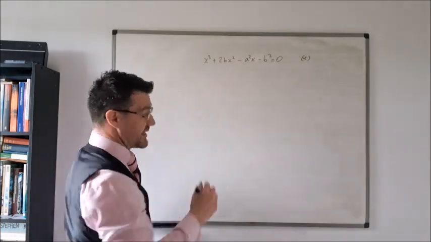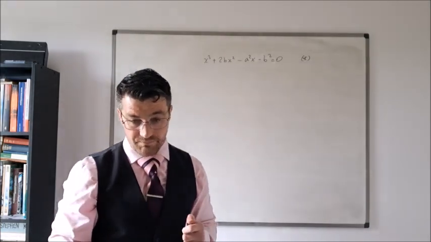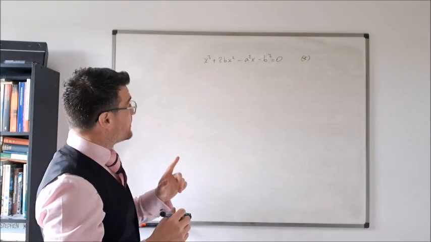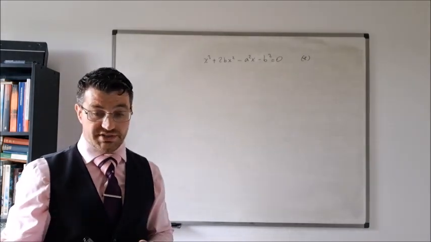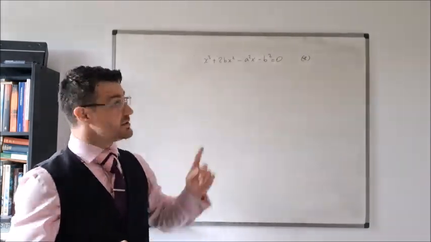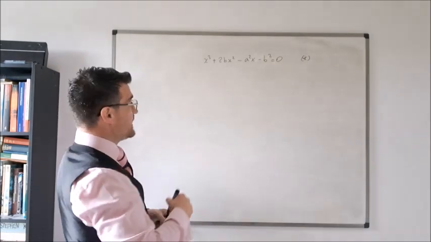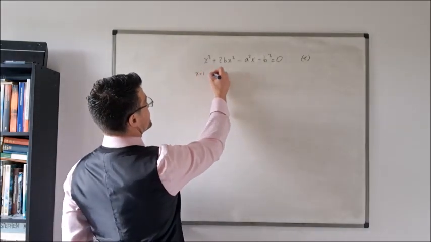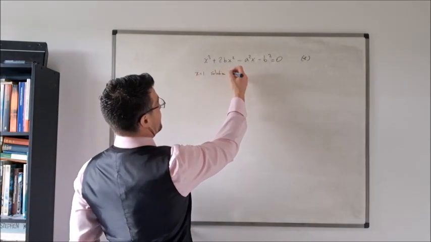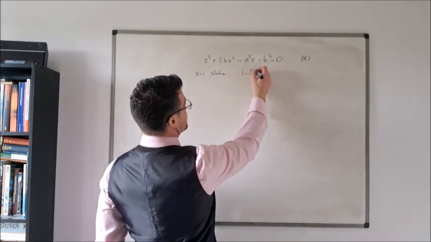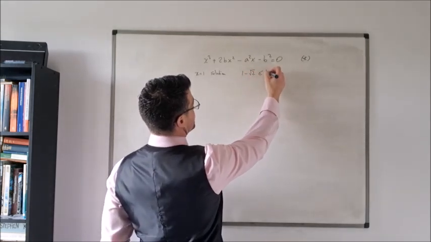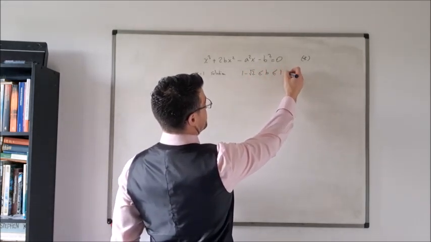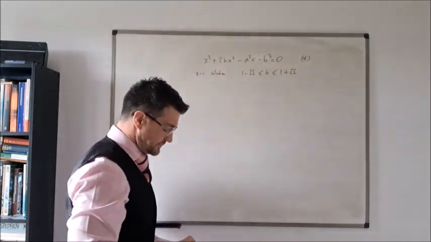It's plus 2bx squared. Okay, so the first part of the problem is, show that if x equals 1 is a solution to star, then this implies that 1 minus the square root of 2 is less than or equal to b is less than or equal to 1 plus the square root of 2.